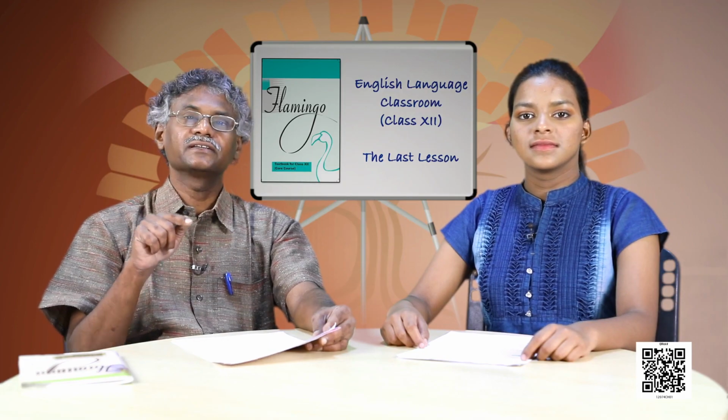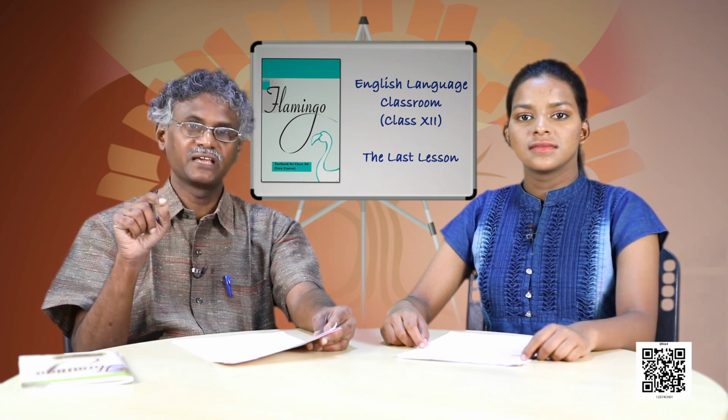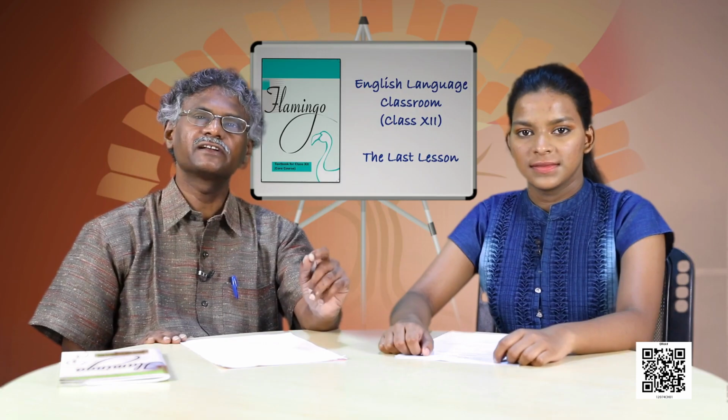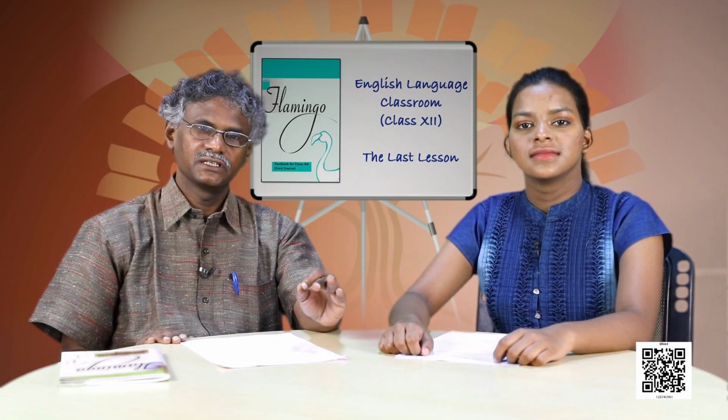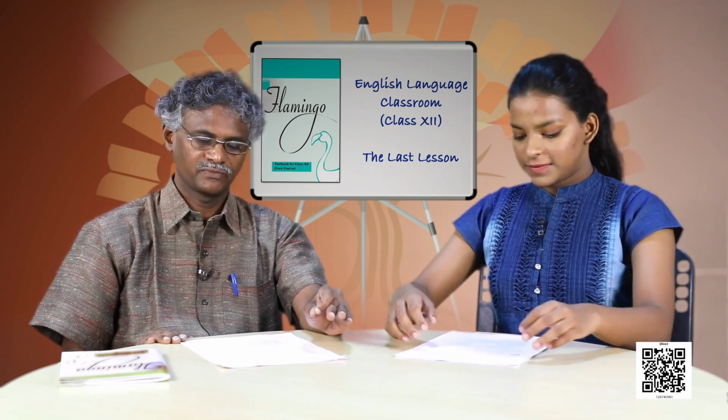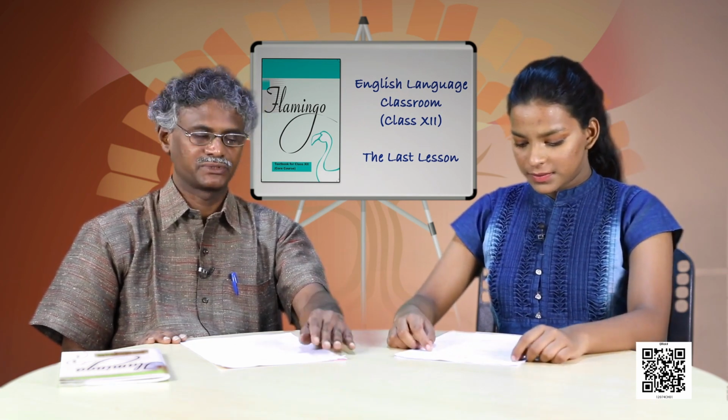Having used them in natural language and real life situations, we will discover the forms, past tense and past perfect forms, and use them in speech and writing appropriately. Learners, these are our objectives. We will learn to use past and past perfect tense in context and discover the forms.